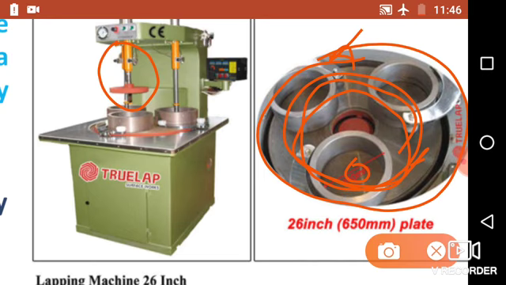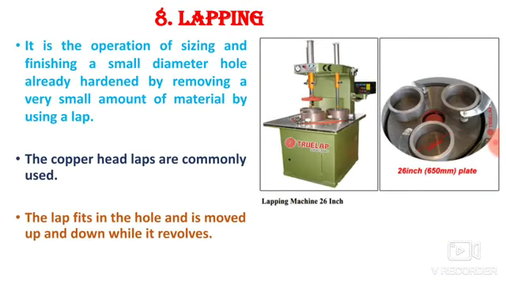Due to the abrasive particles, there is abrasion between the workpiece and this abrasive wheel, and then the material is removed from the surface of the workpiece. So basically, lapping is a super finishing operation where very little material is removed from the surface of the workpiece and we get a finished surface.